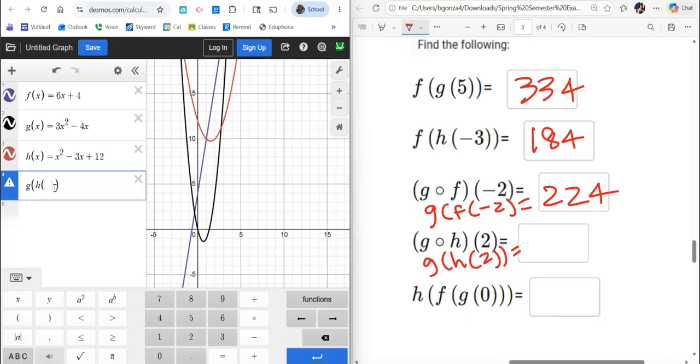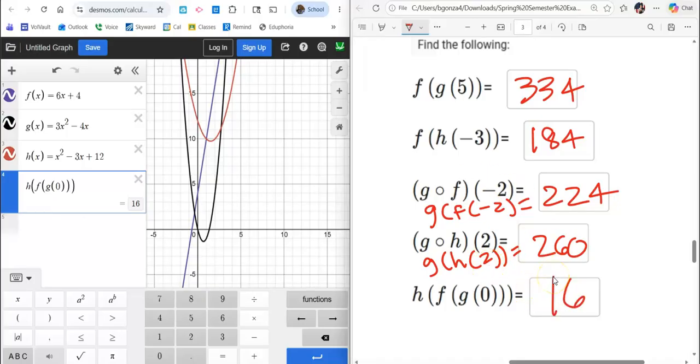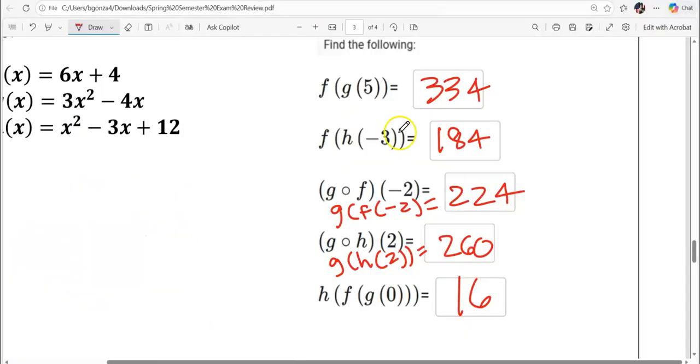G of H of 2. 260. And then last but not least, H of F of G of 0. 16. So you just plug it in. It's too easy.